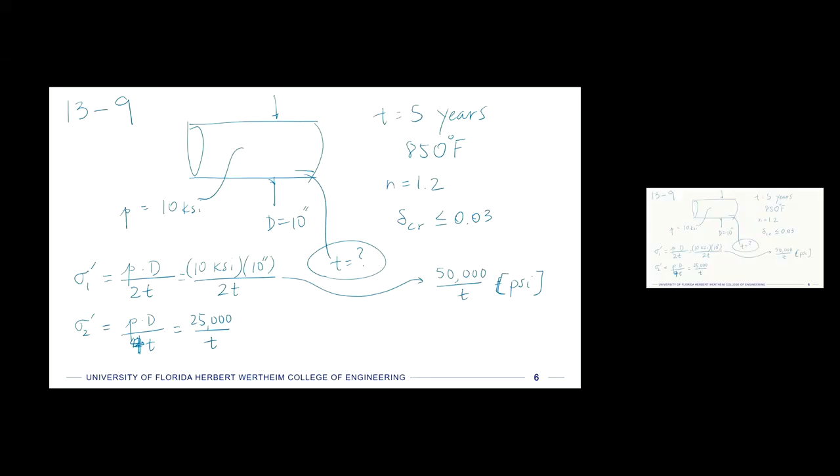So our textbook tells us that we can derive equations for multi-axial creep. And I think I went through this a little bit in the last lecture, but these are equations 13.38 to 13.40.